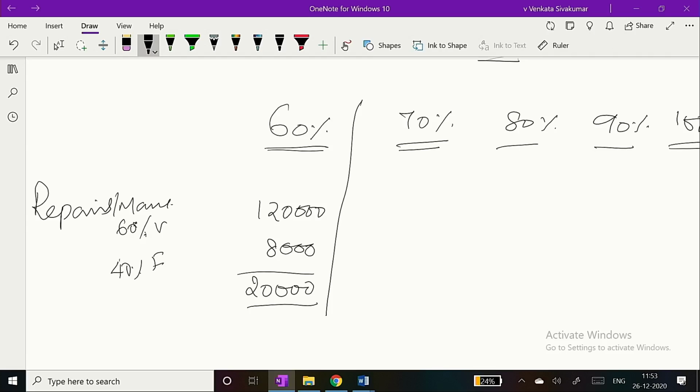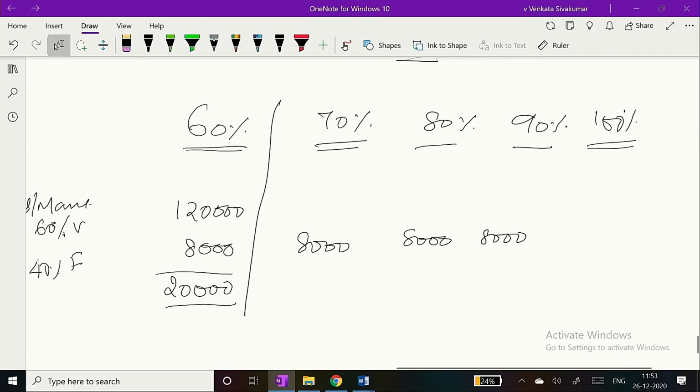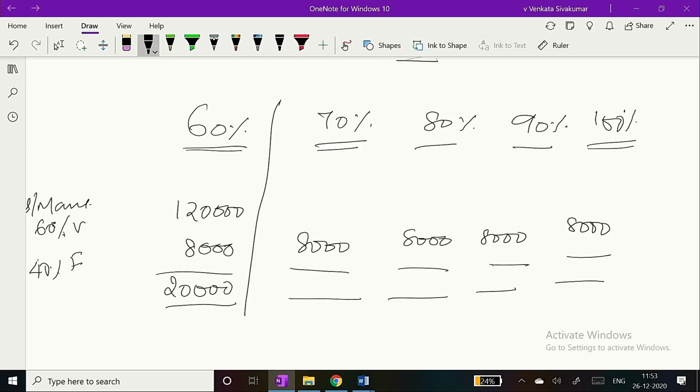So the 8,000 only is the fixed cost. So 60%, 12,000. So 70% how much? 12,000 divided by 60% into 70. So this is 14,000.